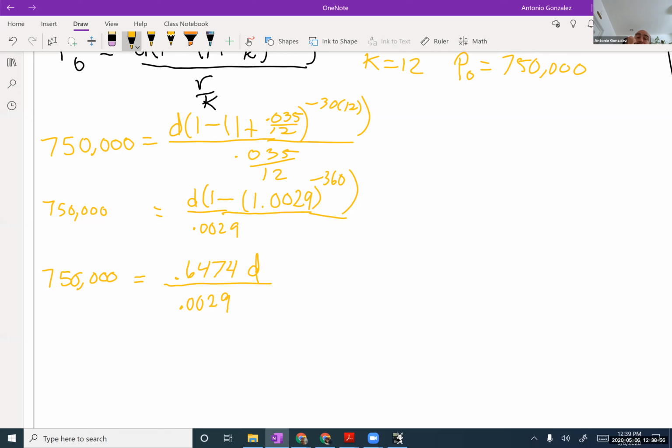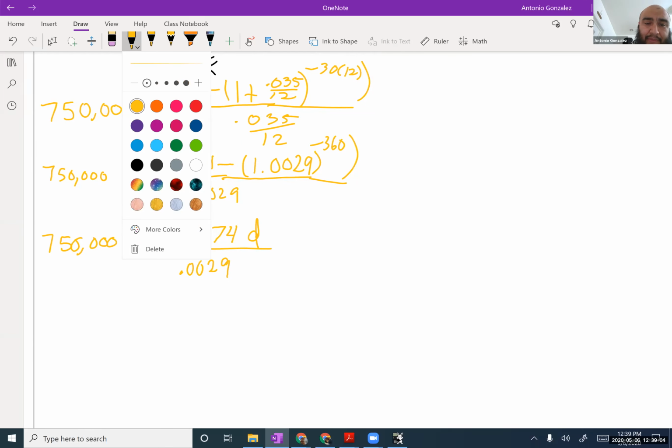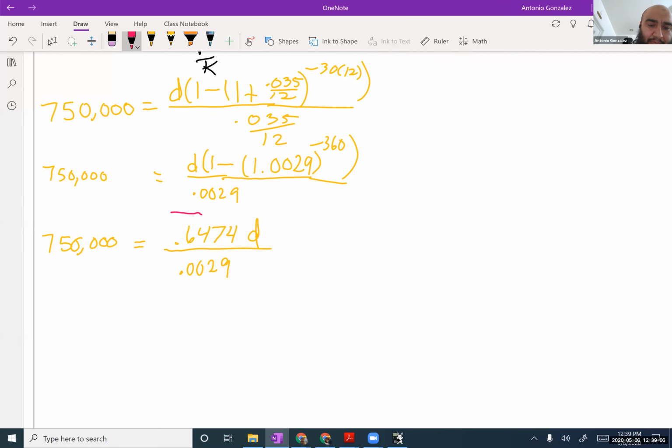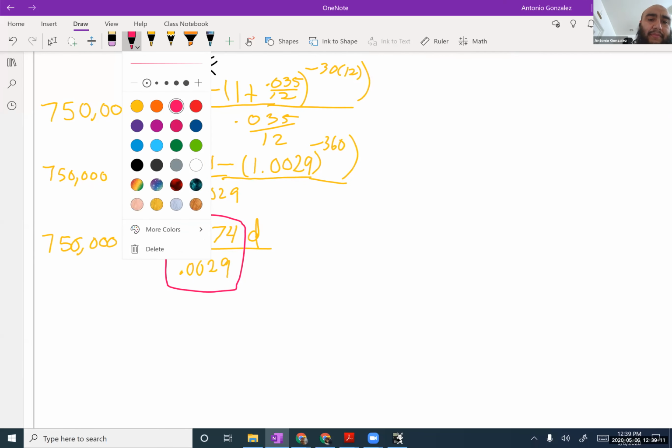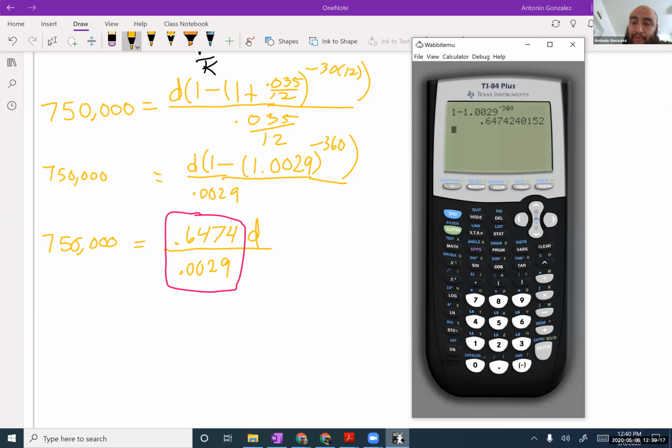Now, the next thing I want to do here is divide these two numbers. So I'll bring my calculator up and we want to divide 0.6474 divided by 0.0029.